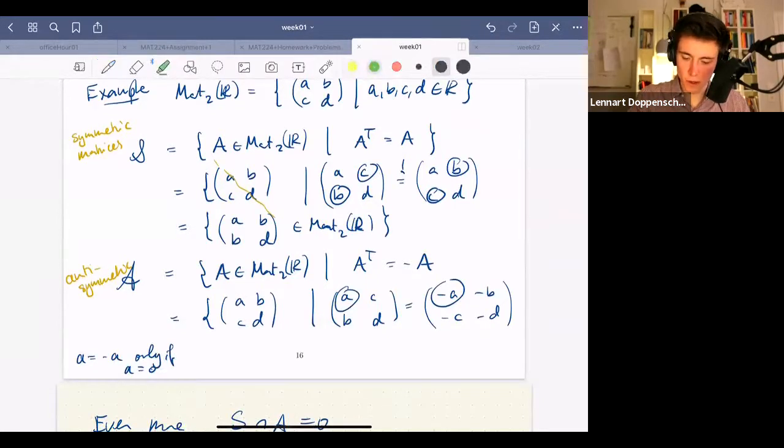Same for D. But C and B are still allowed to be non-zero. We just need B to be minus C. So we will see that this is equal to 0, A, minus A, and 0.